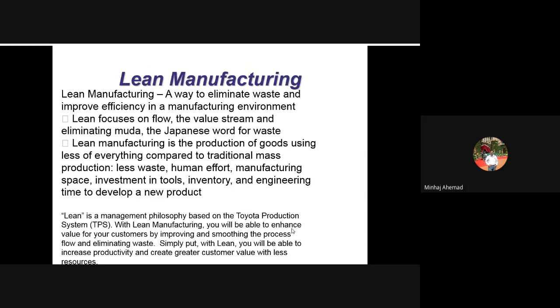Now, friends, let us see in short what exactly lean manufacturing is. Lean manufacturing is basically a manufacturing philosophy which stresses eliminating waste and reducing resources. So lean manufacturing is a way to eliminate waste and improve efficiency in a manufacturing environment.